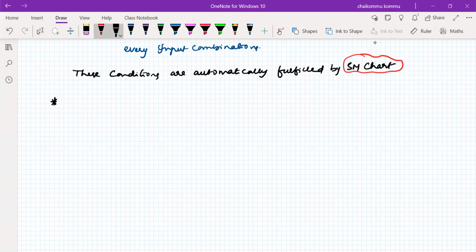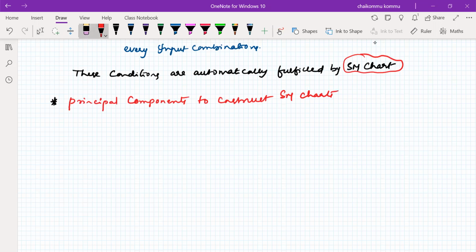The principal components to construct SM charts: there are three important components.